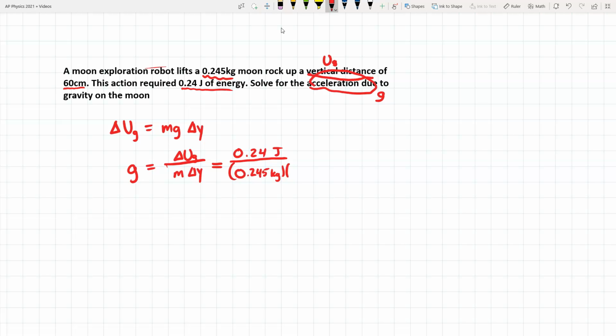It lifted it up. That's a height of 0, the rock's on the ground. And then it went up 60 centimeters, or 0.6 meters.